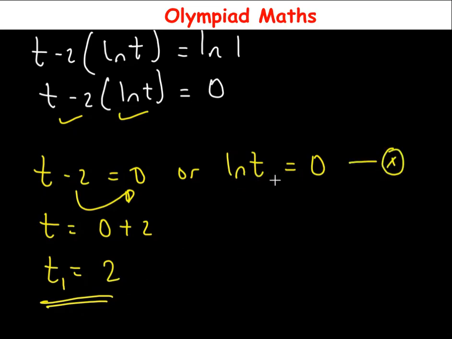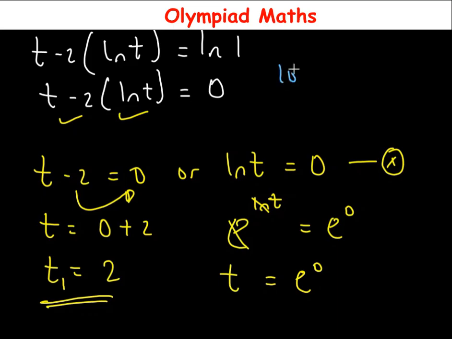Now from here, ln t is equal to 0. First, to solve for t, we have to eliminate ln. And to eliminate ln, we're going to introduce e to both sides of the equation. So e to the power of ln t is equal to e to the power of 0. Now from here, if we cancel ln, what you have is t is equal to e to the power of 0.